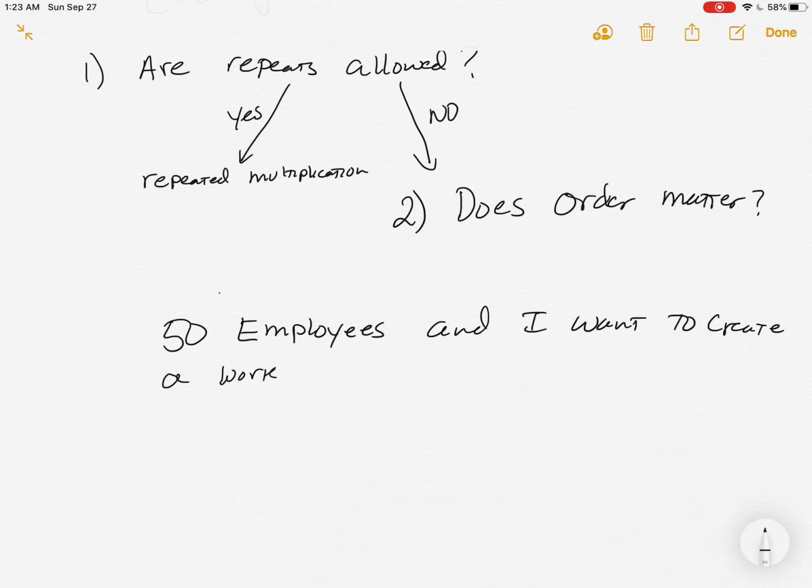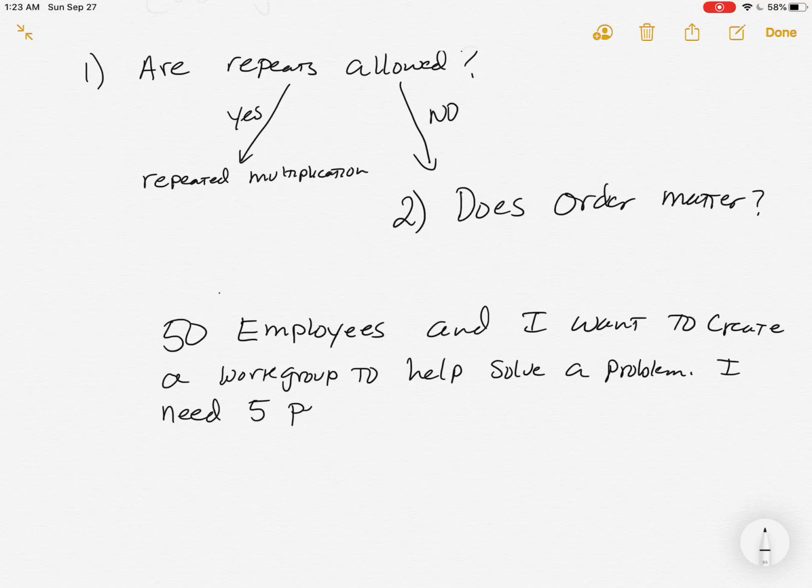A work group to help solve a problem. I need 5 people to be in this work group. They would just work together in order to solve the problem. How many different groups of 5 are possible?